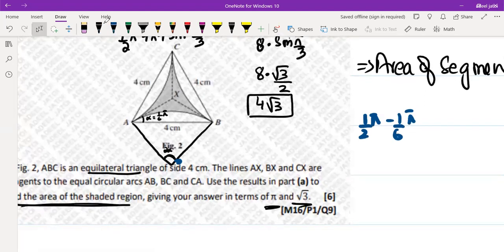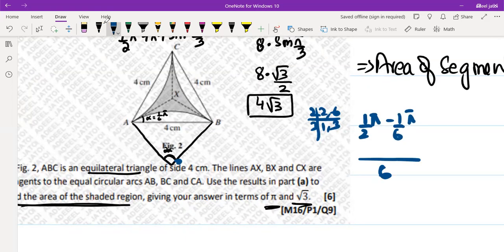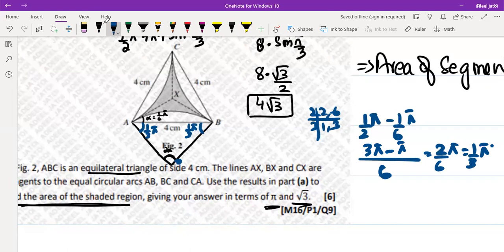Taking the LCM of 2 and 6, which is 6, 6 divided by 2 is 3, this will be 3 pi minus pi, so 2 upon 6 pi, which is 1 upon 3 pi. So this angle is 1 upon 3 pi. If these two angles are 1 upon 3 pi, this would be 1 upon 3 pi as well, since 2 alpha is 2 multiplied by 1 upon 6 pi.